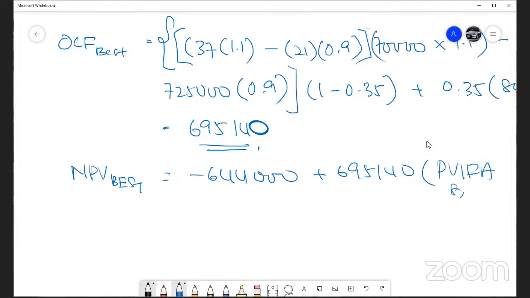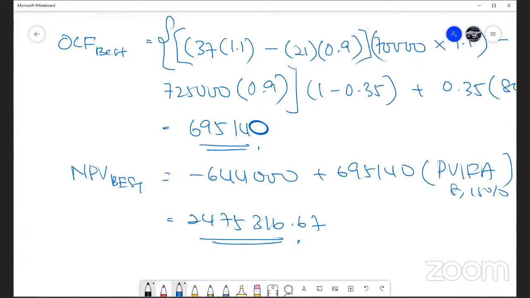Everything remained the same, 8 years and 15%. If you use a calculator, no need for me to repeat, just key in. And at the end of the day, you get 2,475,316.67. Your best case scenario will give you an NPV of 2 million plus.